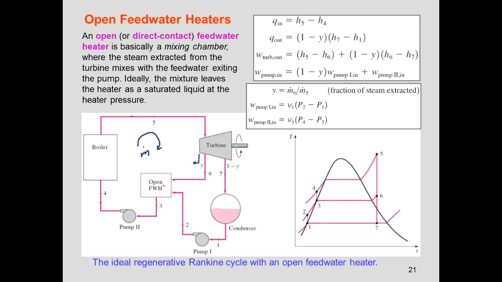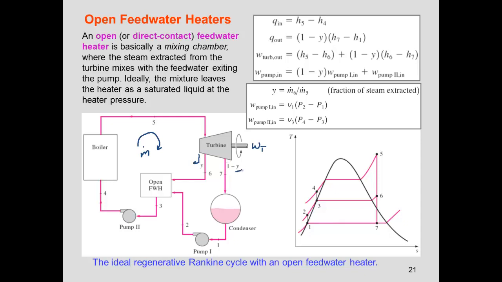We have mass flow rate flowing, and we take that steam to this tank. The rest of the steam continues expanding to give us some work of the turbine. But now this work of the turbine will be composed differently, and we're going to check how. So now we have less.